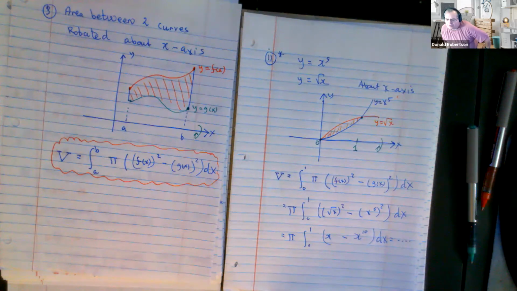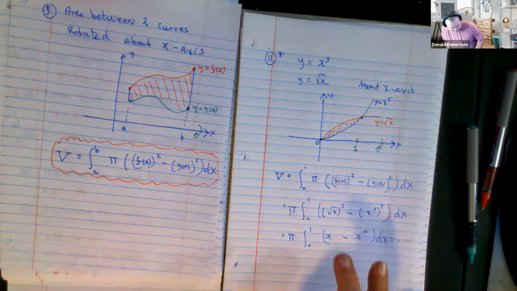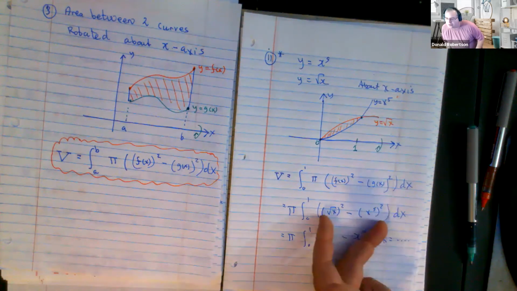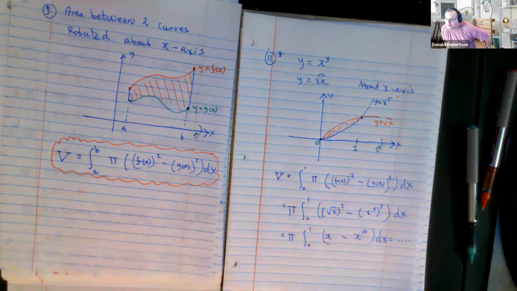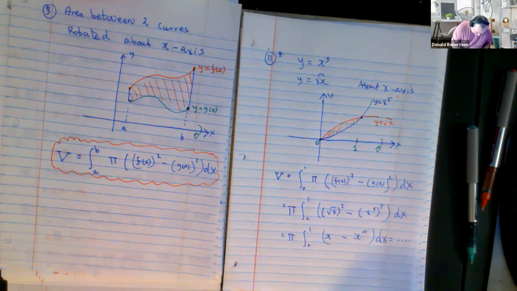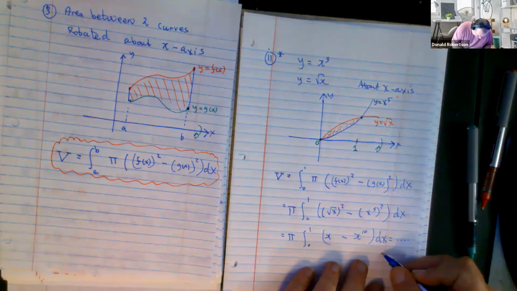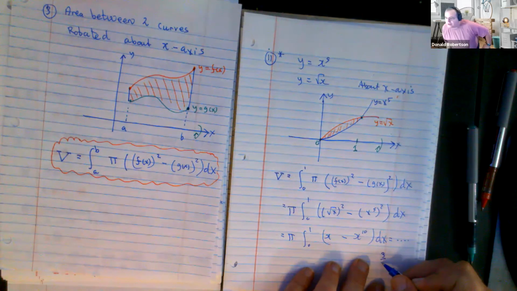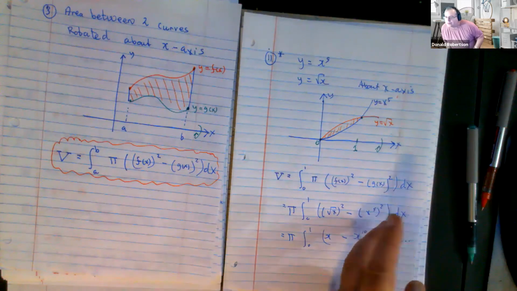Just out of curiosity, let's say that you're not very good at figuring out which one goes first and which one goes second. If you had accidentally switched these 2 around, and let's pretend that the right answer was 3/2 pi, just for argument's sake, what do you think the answer would be if you had accidentally got them the wrong way around?